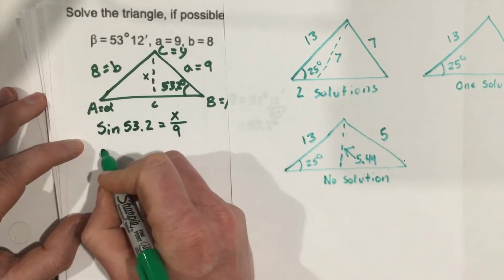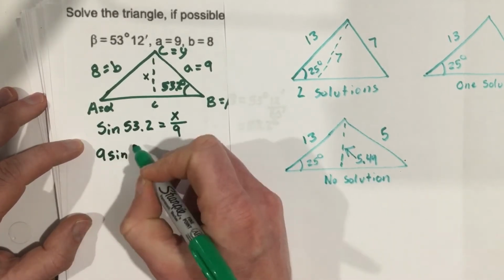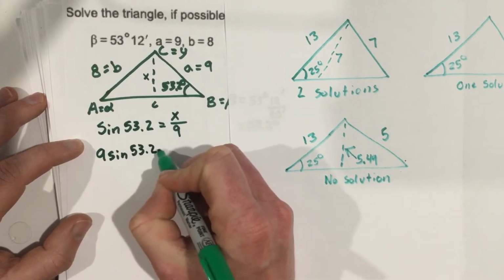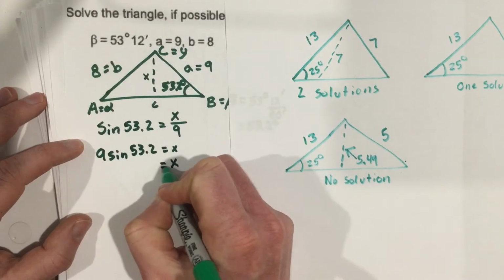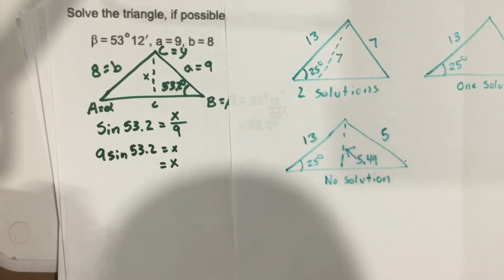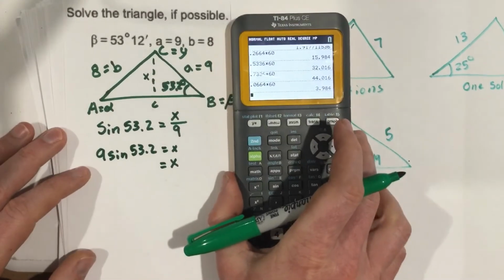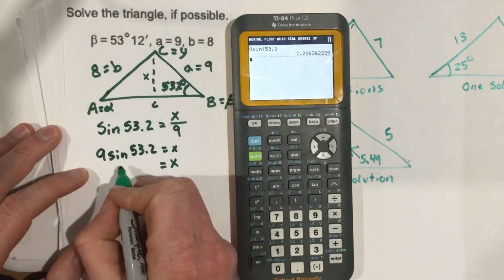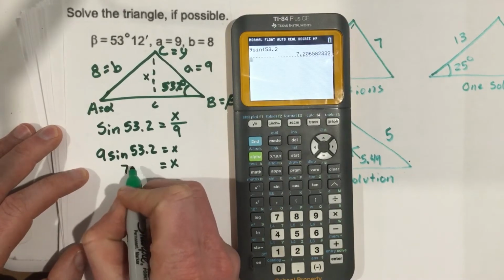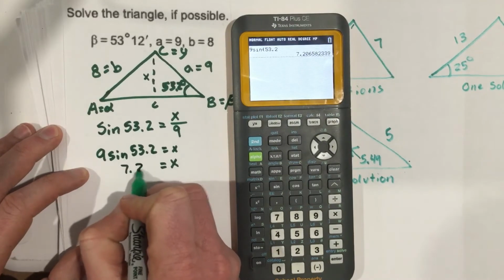Multiply by the 9. 9 sine 53.2 equals x. And that means x is, plug that in the calculator. So 9 sine 53.2 tells us that x is, and I'm just going to round this, 7.21.